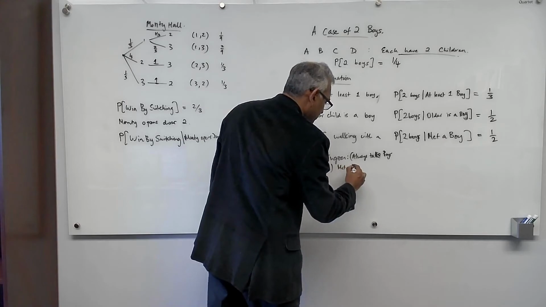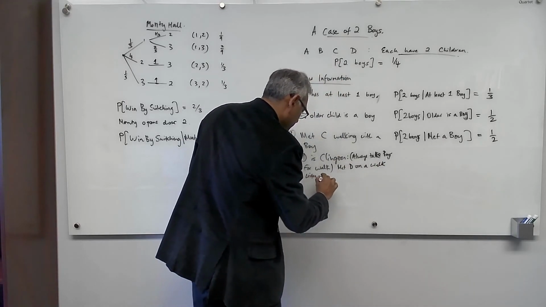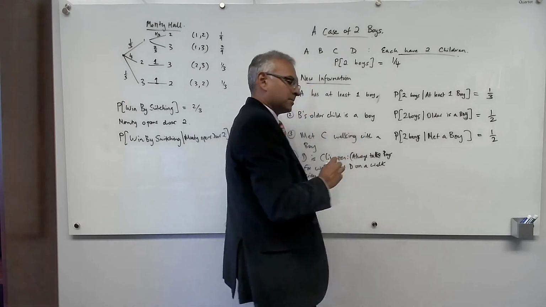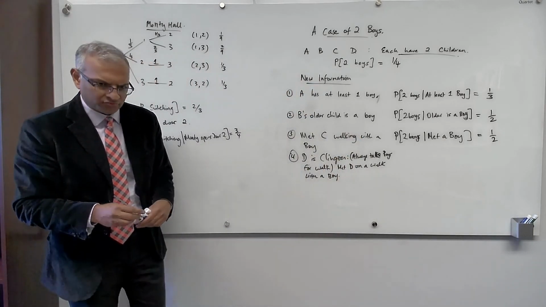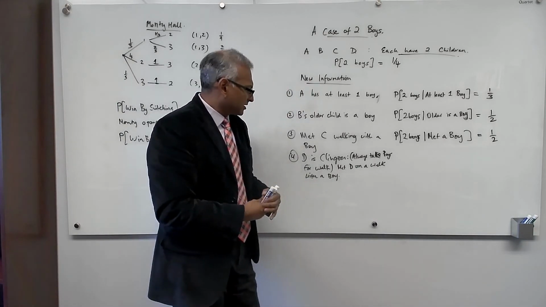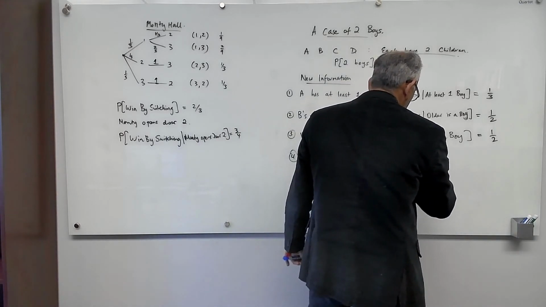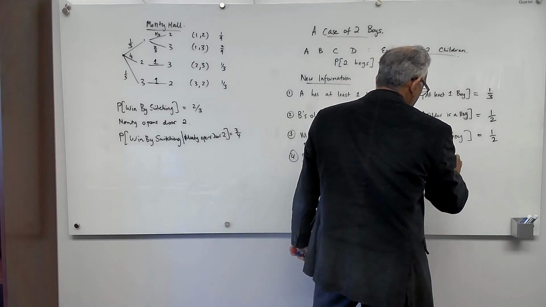Now you met D on a walk with a boy. They always take boys for a walk. So what are the chances that D has two boys? Probability of two boys given that you met a boy.